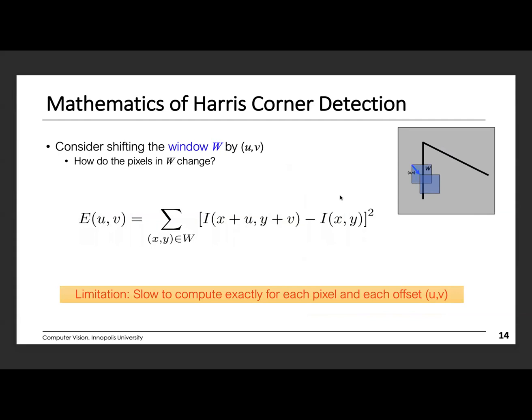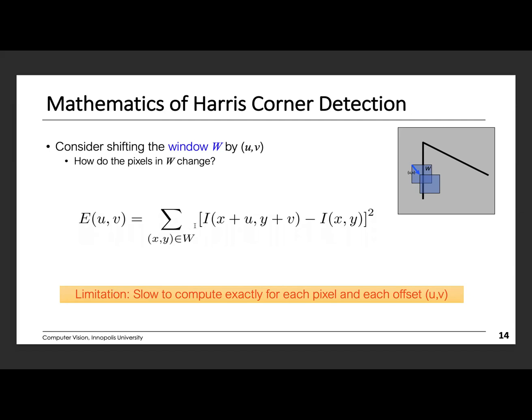And how do we define these changes? Simply by saying the sum over x and y belonging to this window w. The u and v are already defined, already set. Let's say 10 and minus 10, for example. And we're going to have to do this for a lot of u and v's.